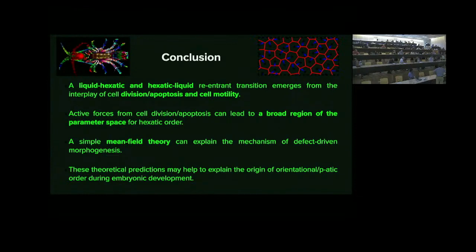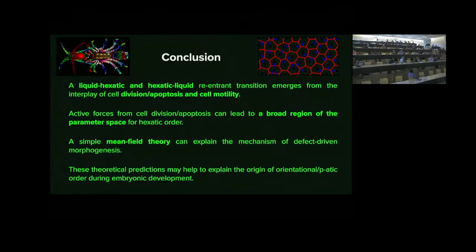So in the physical system, division is dominating. There's growth. They have not studied that. That would be a very interesting problem to study in the self-propelled Voronoi model, for example. Actually having growth is a lot more difficult.